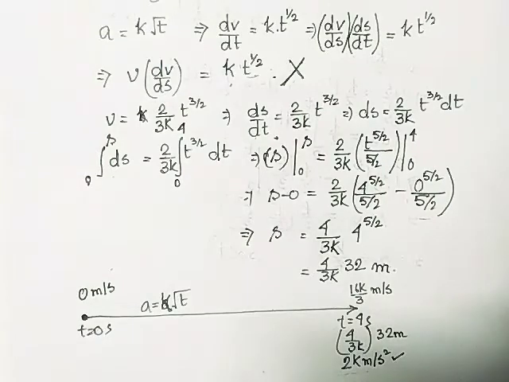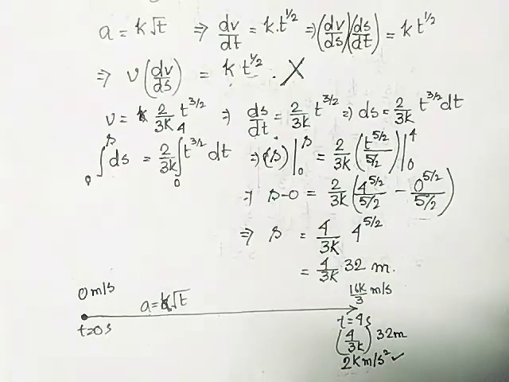But if you go deep inside, the data of the table also indicates that when t equal to 0 second, the acceleration is 0. At t equal to 1, it is 1. At t equal to 2, it is root 2. And at t equal to 3, it is 1.732. So the acceleration changes over the path every little bit of time. So we cannot use the normal mathematical equation here.